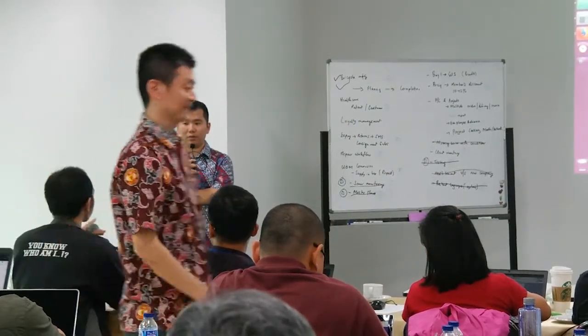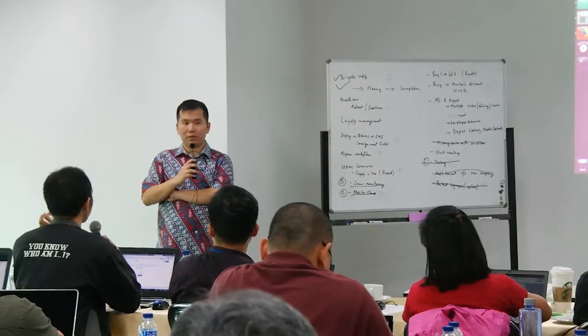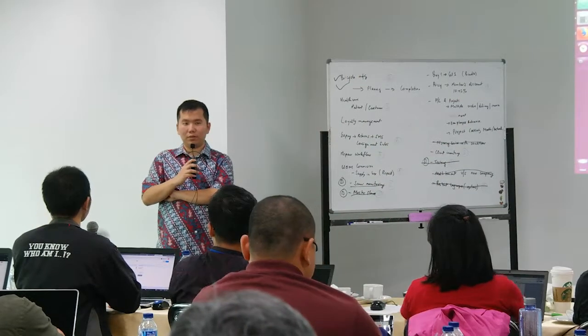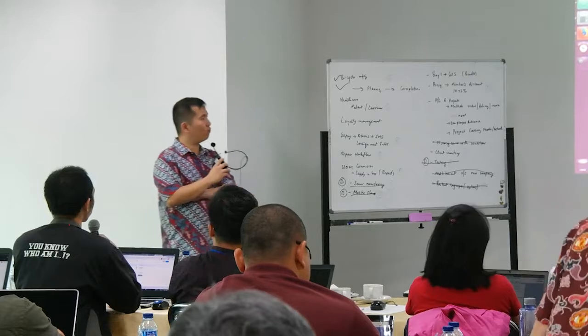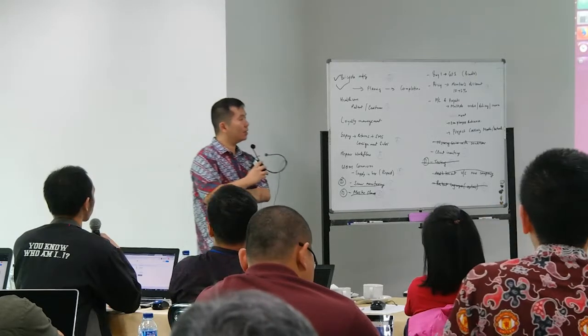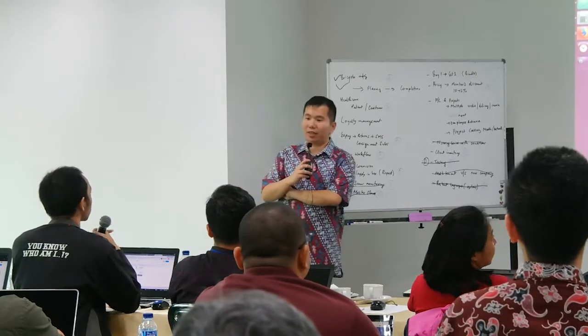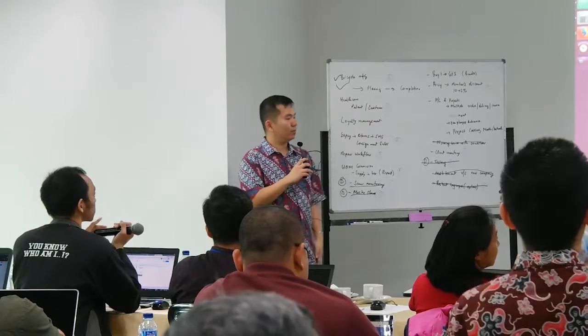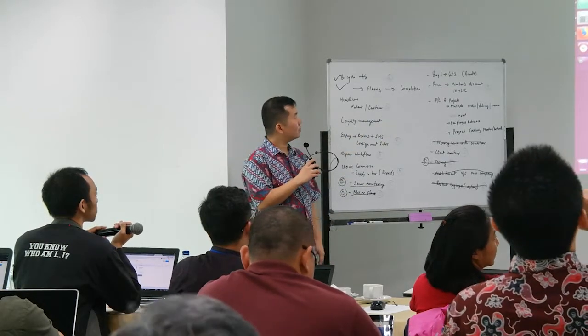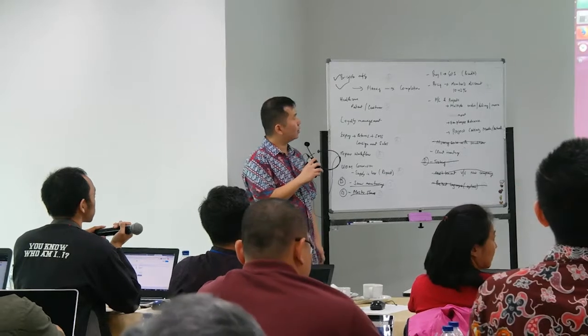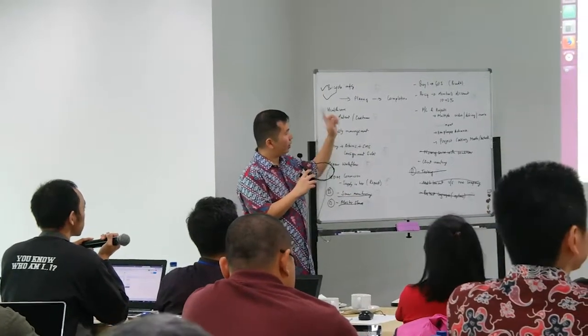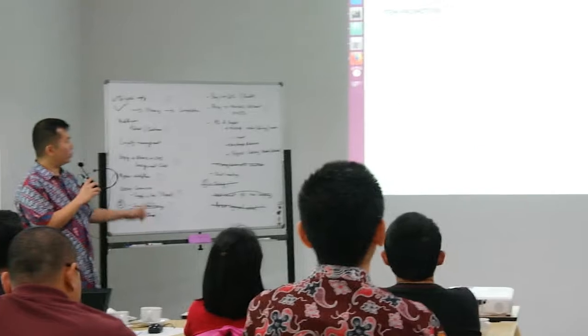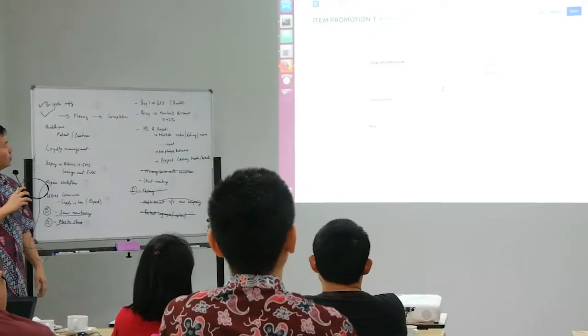So I have to change the old item barcode and give the barcode to the new product bundle item? Oh no, because it's like this. Let's say if you go to item, and then you go to the barcode.